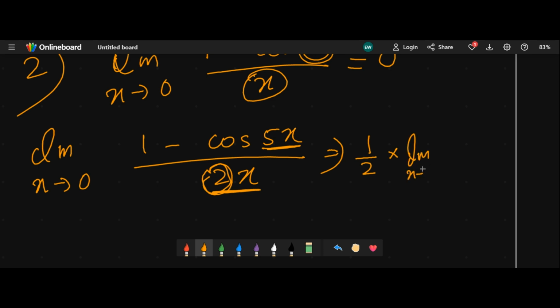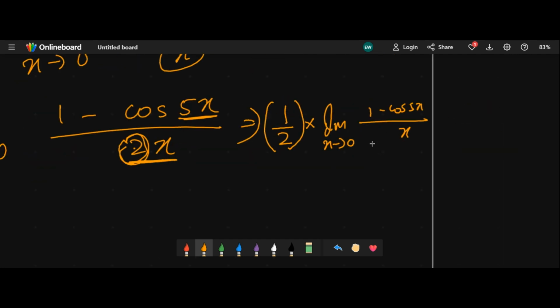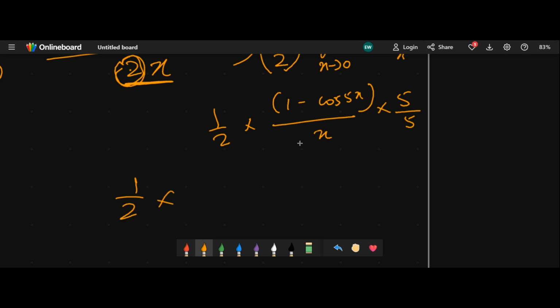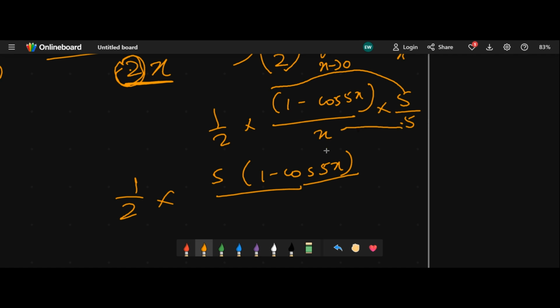limit x tends to 0, 1 minus cos 5x over x; we have removed this 2 like this. Now same thing: 1 minus cos 5x, divide by x, multiply both sides by 5. There is a half in front, so the 5 will come in front: half into 5 into 1 minus cos 5x over 5x.